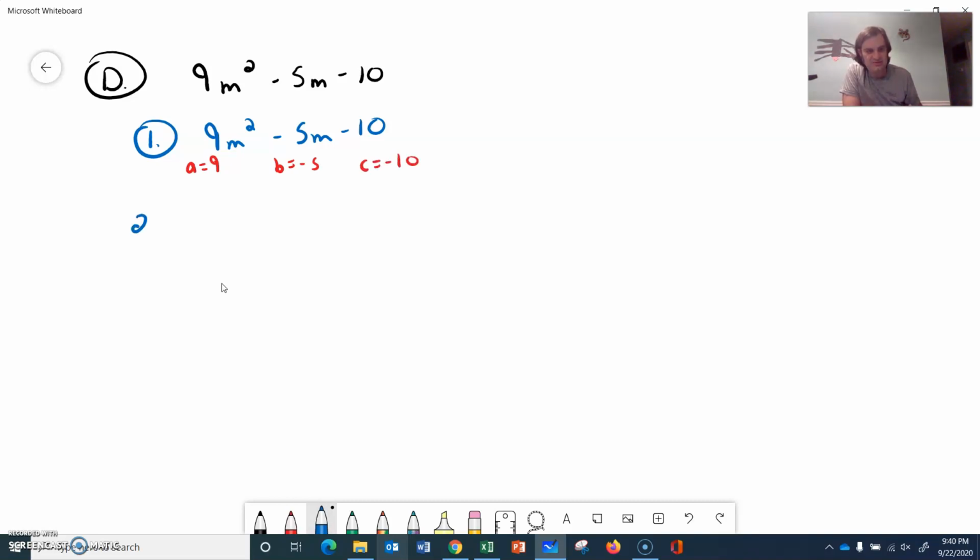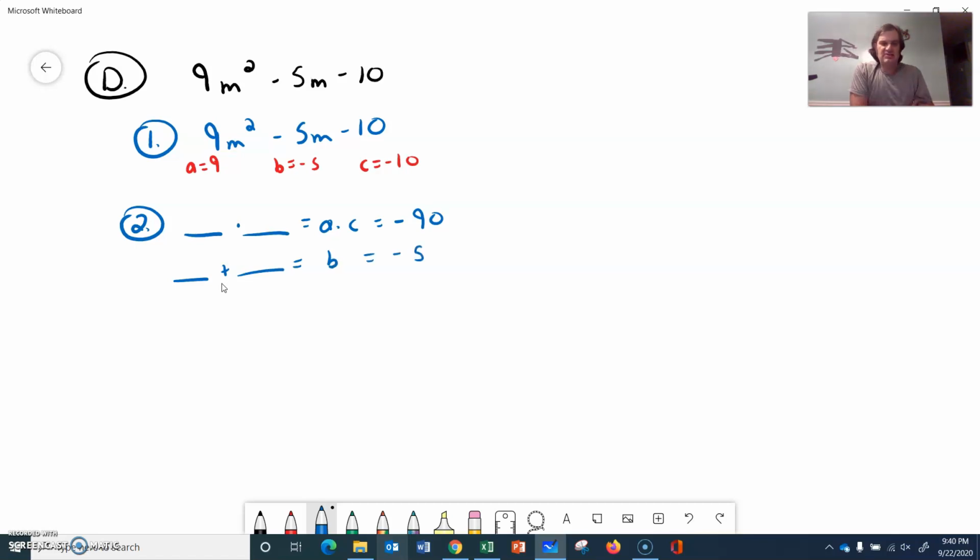So I'm going to look for my two numbers. I need two things that multiply together to give me A times C, which is -90, and add up to be B, which is -5. So I need a positive and a negative number that have a difference of 5.